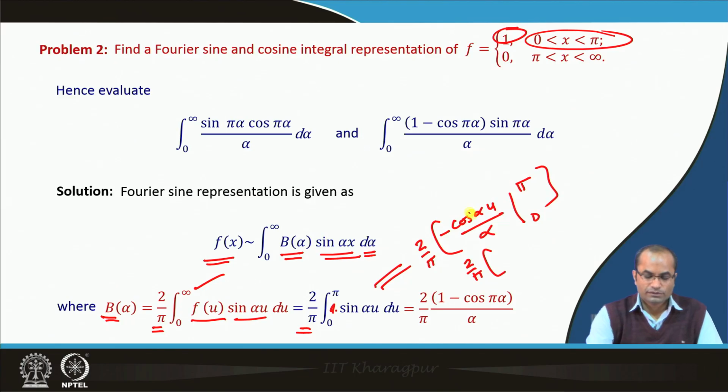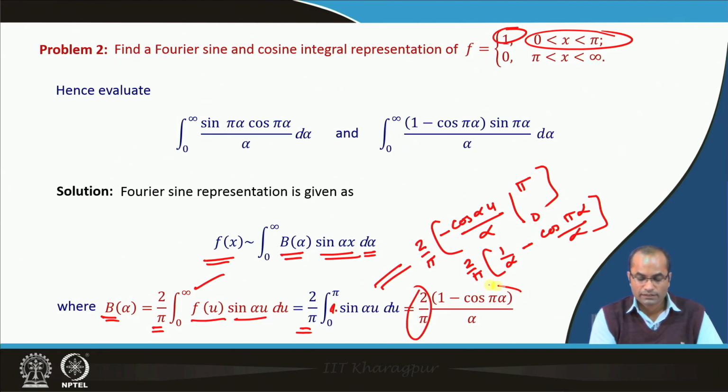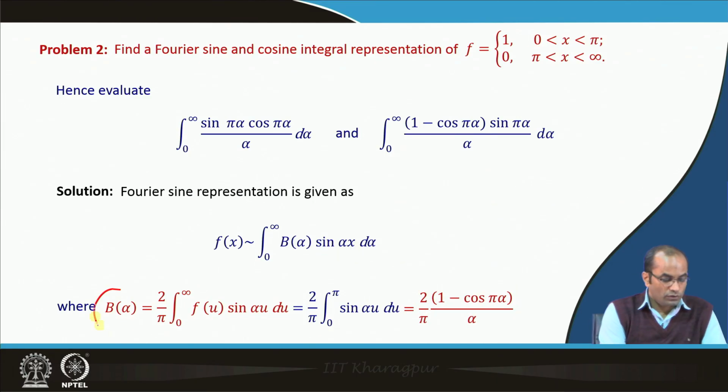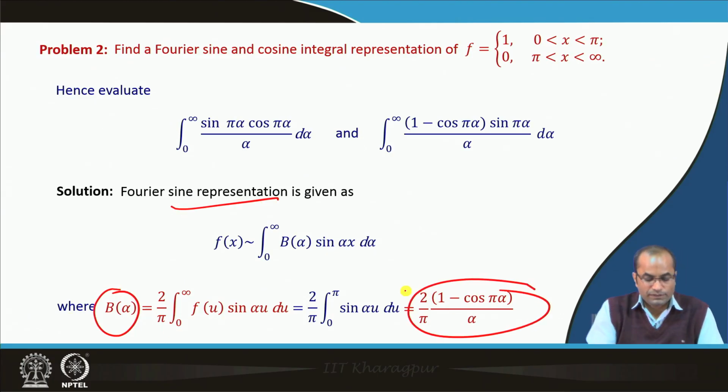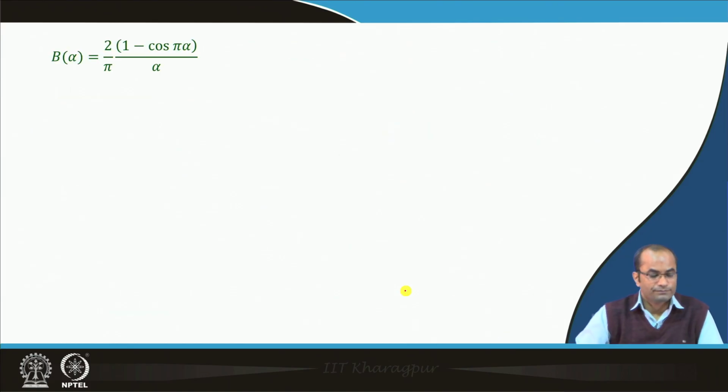First we put 0, so we have 1 over alpha, and then minus cos pi alpha over alpha, which is written here as 2 over pi, 1 minus cos pi alpha divided by alpha. So, in this Fourier sine representation, we have computed b(alpha) as 2 over pi, 1 minus cos pi alpha over alpha.